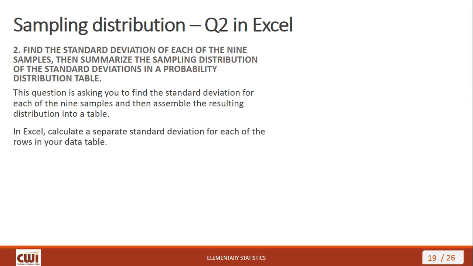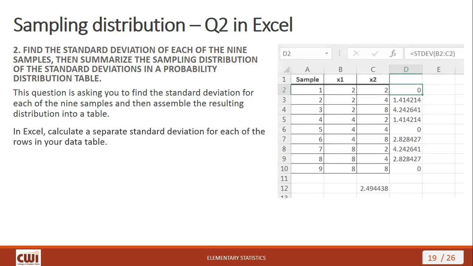In Excel, you can calculate a separate standard deviation for each of the rows in your data table very easily. So going back to our data table, notice I have here out to the side the standard deviation for these 2 cells marked here. For the first sample of 2 trials, I've got a standard deviation of 0.